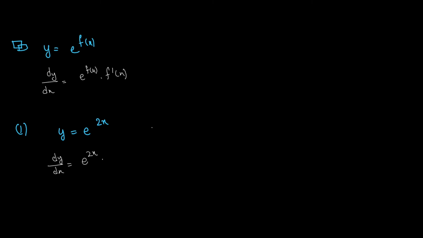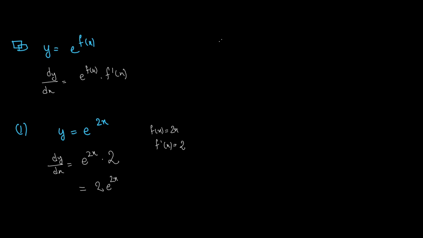Here our f(x) is basically 2x. If we differentiate 2x with respect to x, we get 2. So the first derivative for this expression is 2. Now if we simplify this answer, we'll get 2e to the power 2x. So that's our final answer.